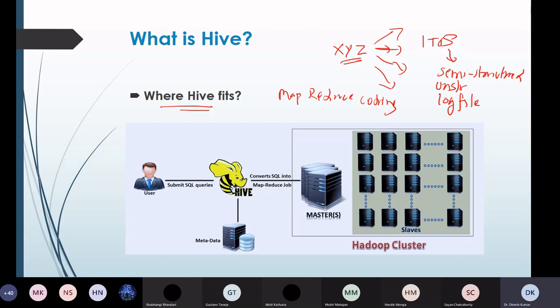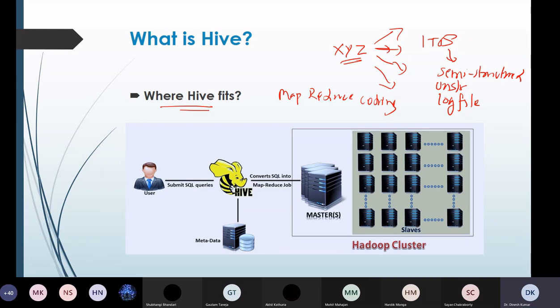They are very complex programs. So a person or the user should have knowledge of Java, good Java programming, so that he could write code in the form of MapReduce, where the purpose here is to process this large amount of data. Now, Hive comes as a rescuer in this case.